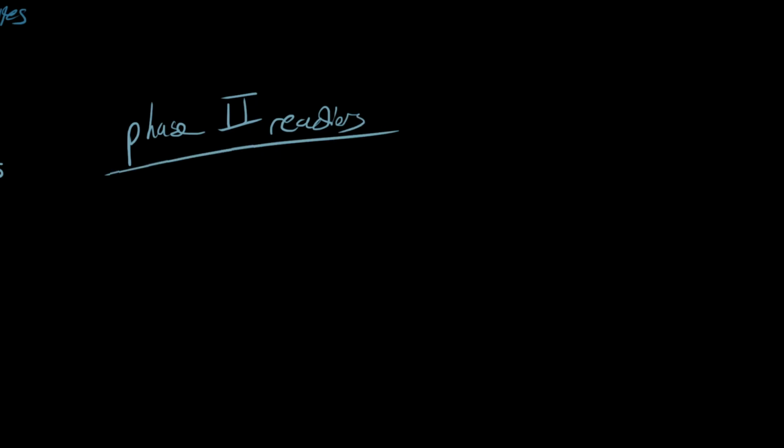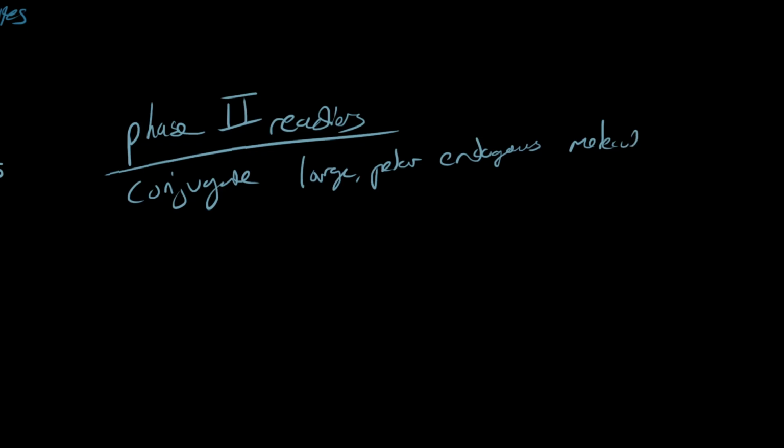And then phase 2. With phase 2 reactions, you're working to conjugate large polar endogenous molecules. So lots of different ways phase 2 reactions can happen.